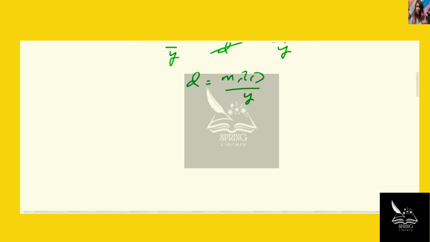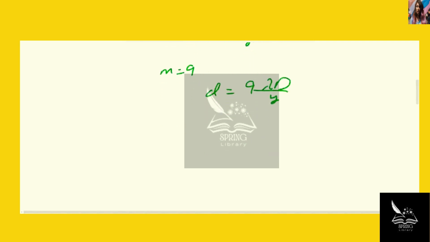And remember, m was 9, so we can do a substitution. We have 9 lambda capital D over Y. For the slit width, we know that a equals m lambda capital D over Y. Sorry, m lambda over Y.